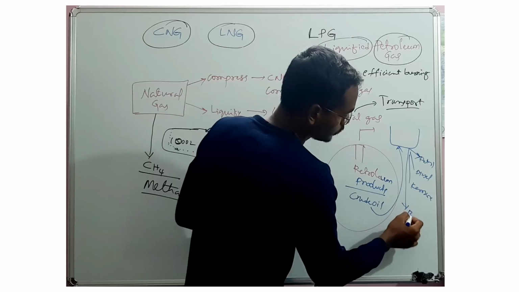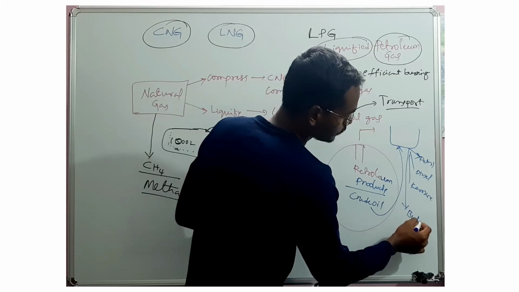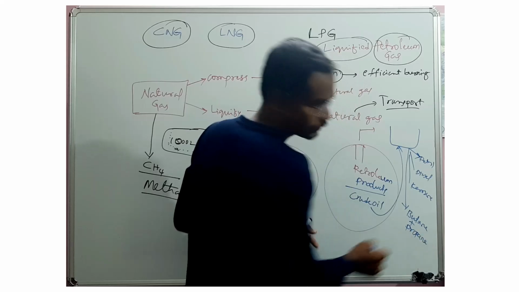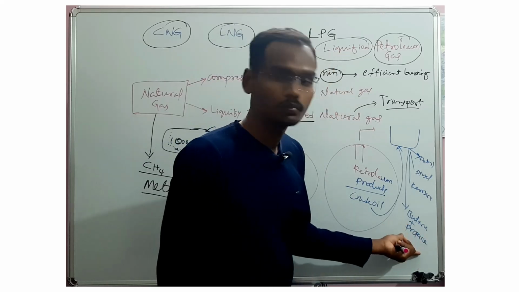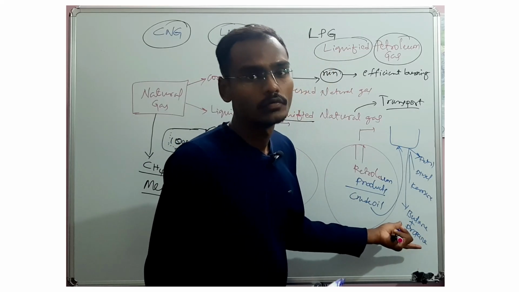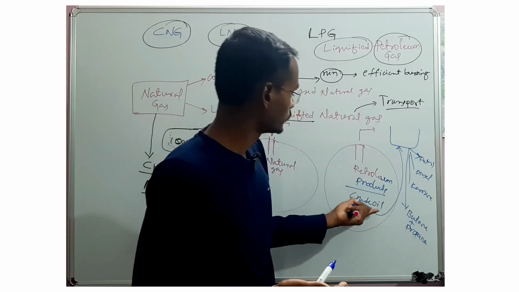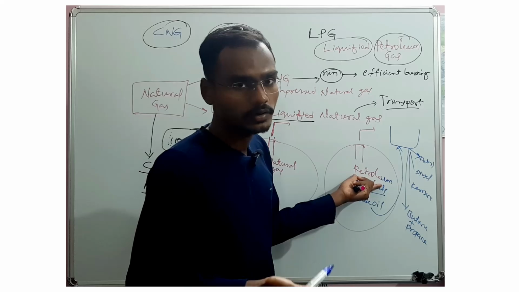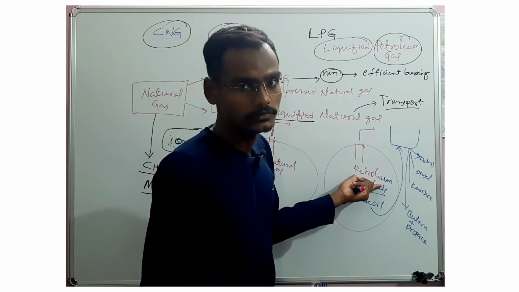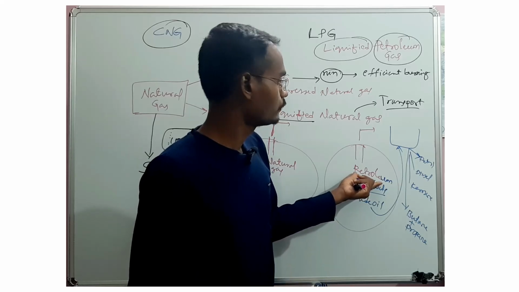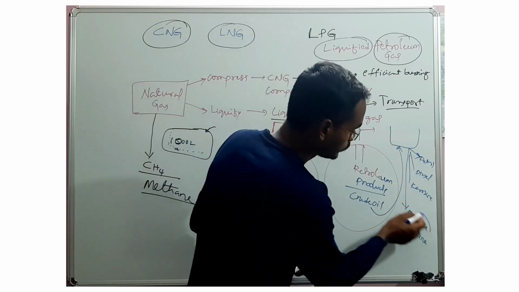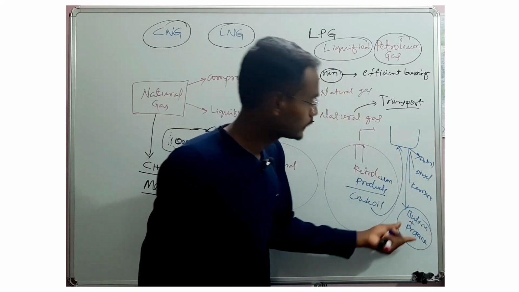That is butane and propane. These gases we also get while purifying crude oil, that is petroleum. While purifying, we get many byproducts, in that particularly butane and propane. These are gases.